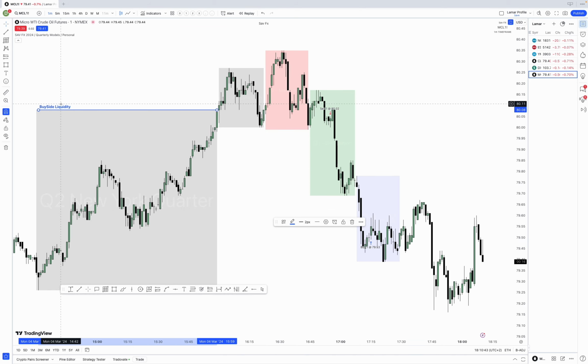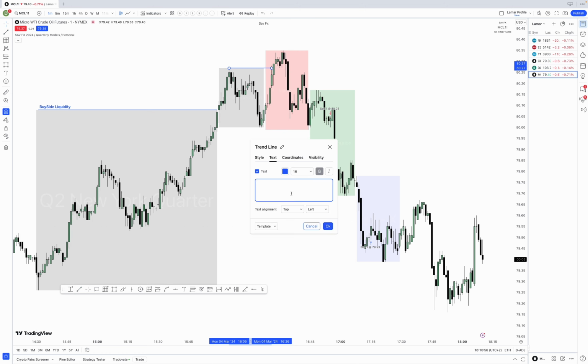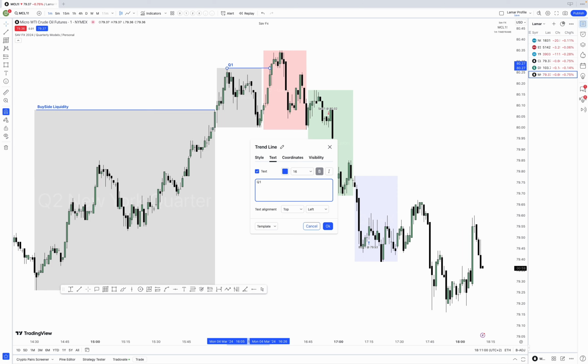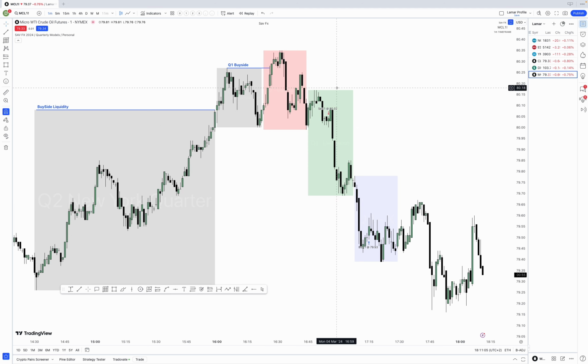Step one, price needs to sweep the previous cycle. Step two, price still needs to sweep the accumulation high. So we'll say price needs to sweep Q1 buy side.